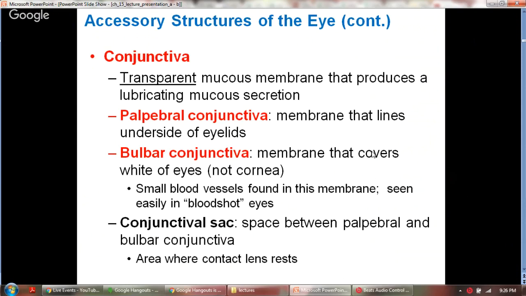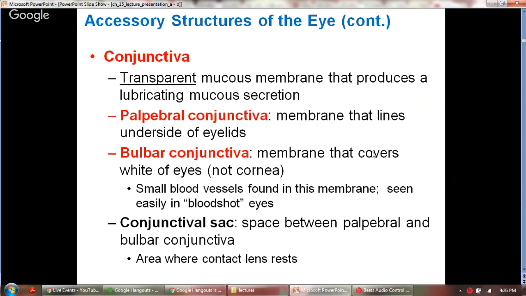And then the bulbar conjunctiva is the membrane that covers the white of the eye, not the cornea. You have to remember, it's only the white of the eye. The bulbar conjunctiva contains small blood vessels, and you can easily see that in a bloodshot eye.